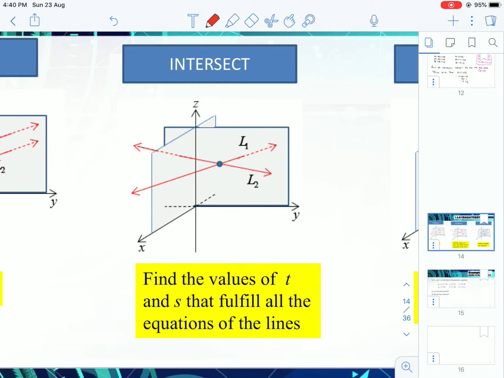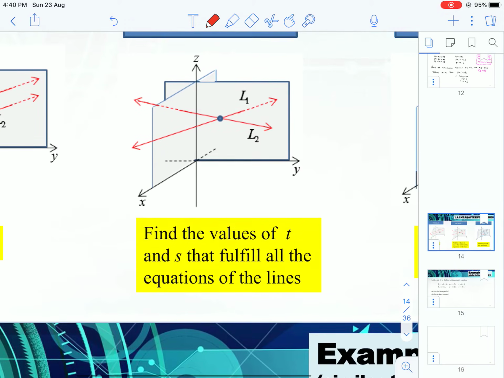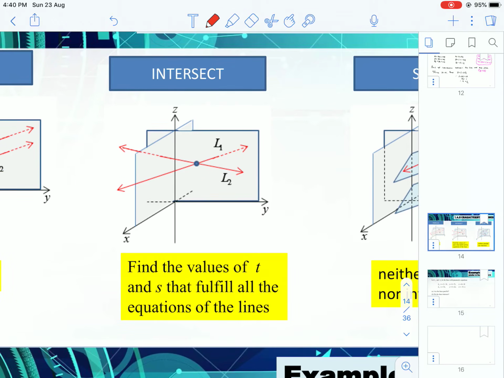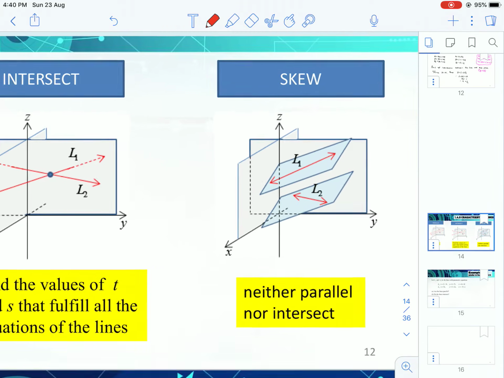And then we also can have intersecting lines. L1 and L2 can intersect if we have this kind of formation. To determine the intersection point between L1 and L2, we need to find all the values of T and S that fulfill all the equations of the lines. I will show you the steps later.